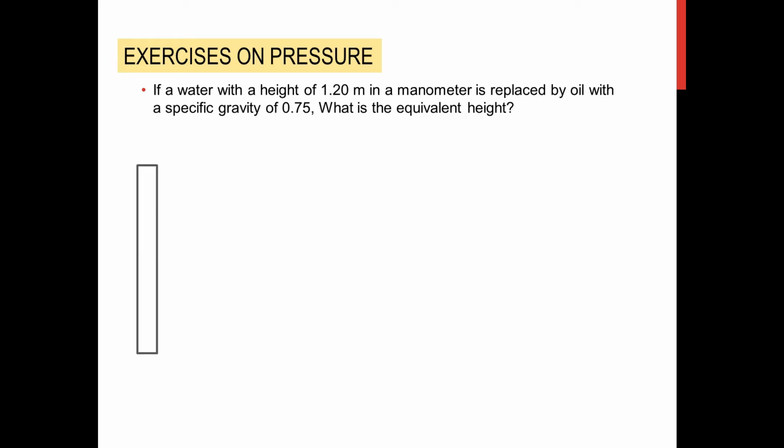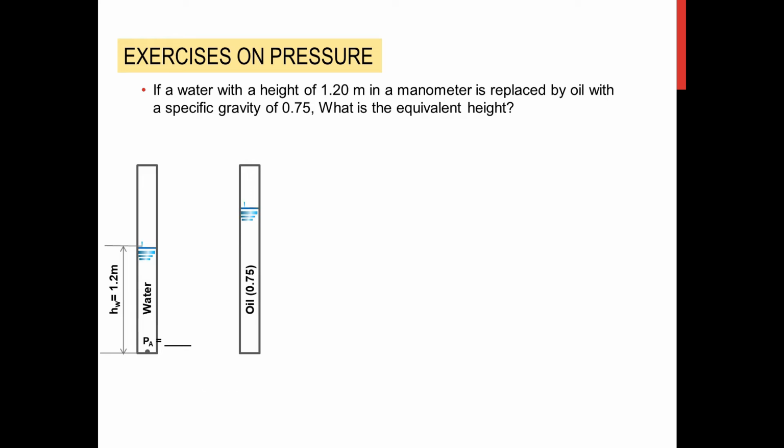In this case, we have a manometer that is filled with water, and the height of water according to the problem, 1.2 meters, will have a corresponding pressure, say PA. So we replace water by oil, 0.75.